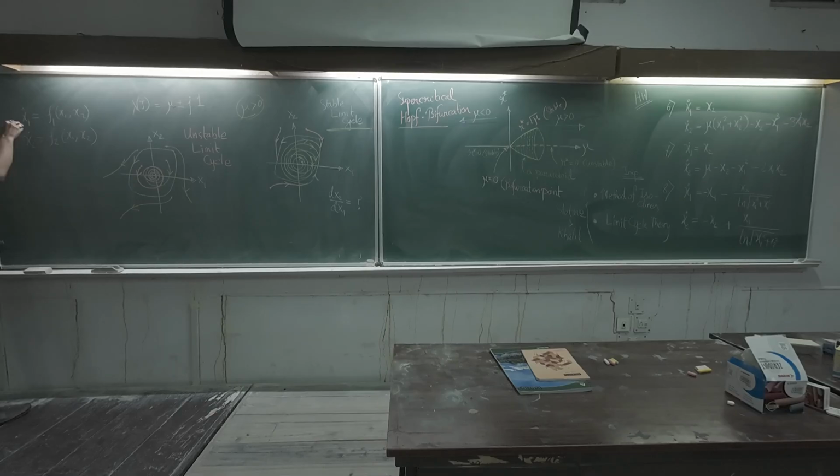So if you divide this one by this, then of course dx2 by dx1 is going to be f2 by f1, which is nothing but a vector field. From that the direction comes, which is what we were talking about. So this is a vector field, and from that the question of direction comes.